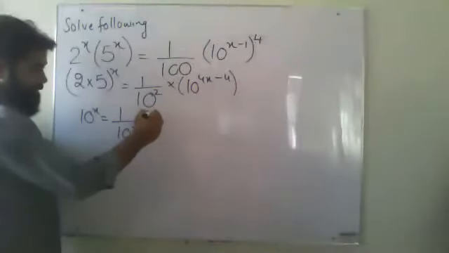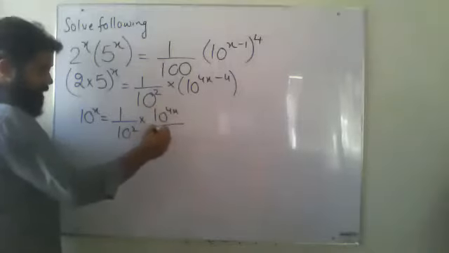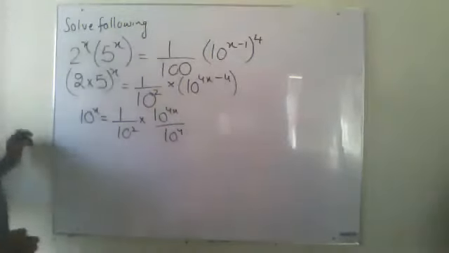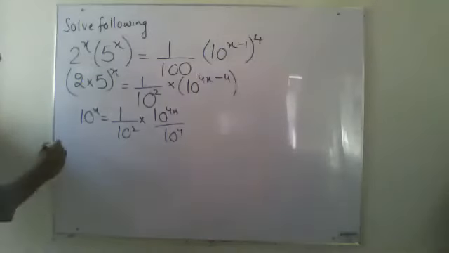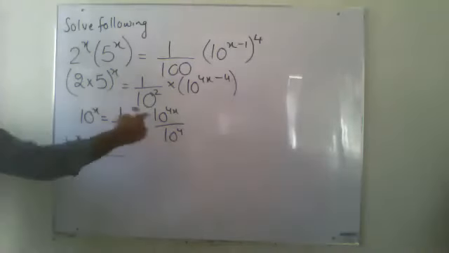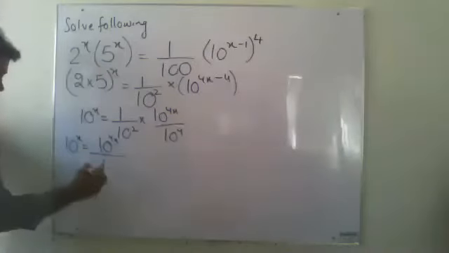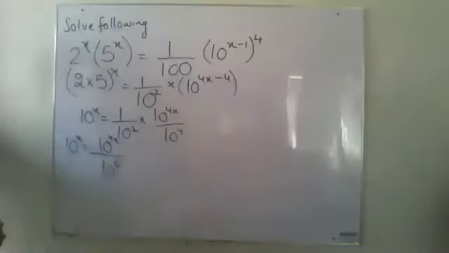I can write it in this way, that 10 to the power 4x over 10 to the power 4. When I will simplify it further, 10 to the power x equals to 1 over this multiplied by this will become 10 to the power 4x. This multiplied by this will become 10 to the power 6.